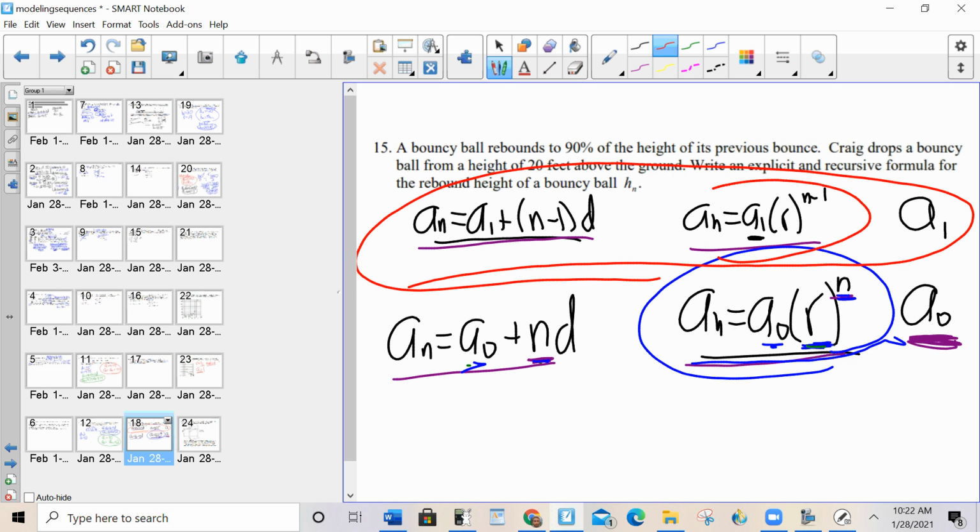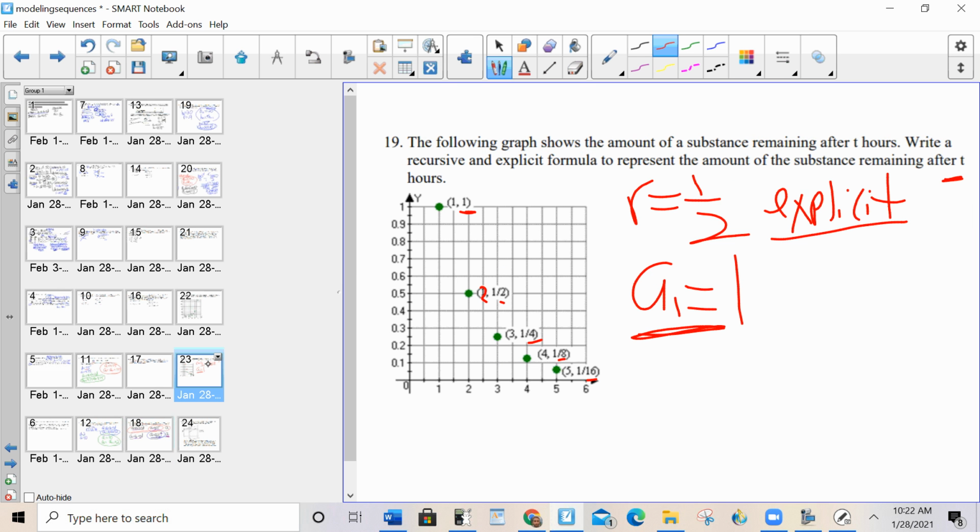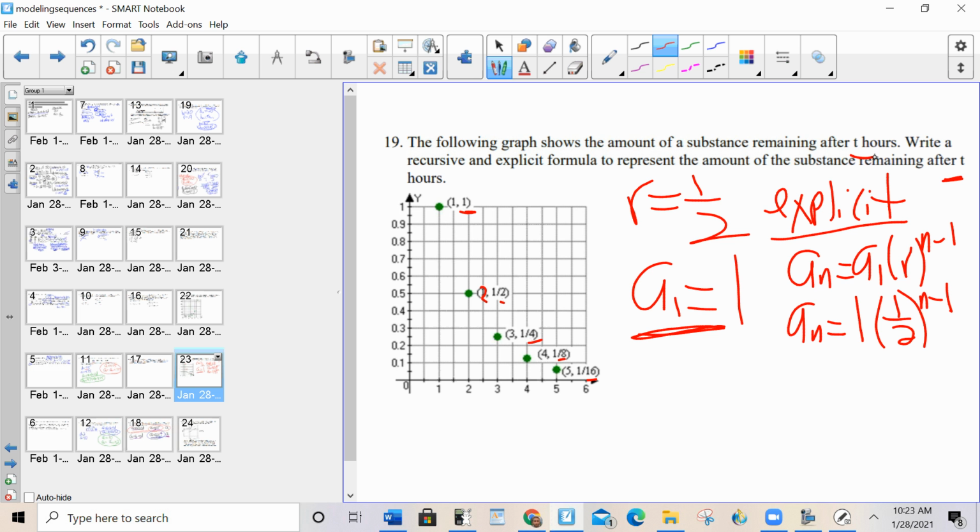It is geometric, so it's going to be An equals A1 times R to the n minus 1. An equals 1 times 1/2 to the n minus 1. But again, they want t, so I'm just going to make it At equals 1 times 1/2 to the t minus 1.